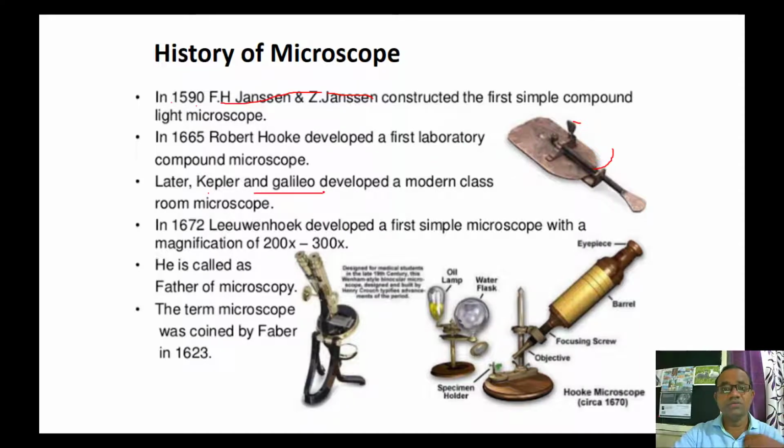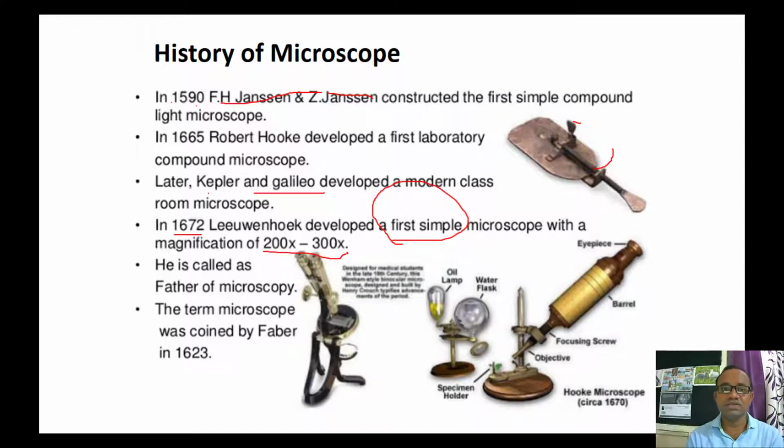Kepler and Galileo developed the modern class of microscope. So these are the various scientists who tried to make different types of microscope. But in 1672, Leeuwenhoek developed the first simple microscope which had certain magnification.